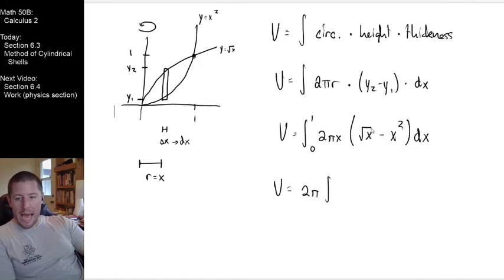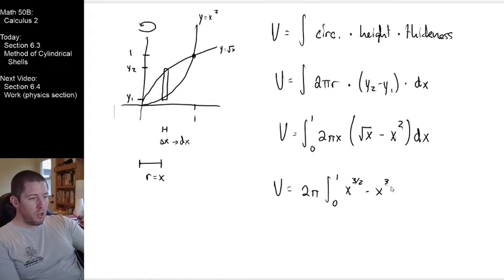I'm thinking of this as x to the 1/2. And so when I multiply by an additional x, this will be x to the 3/2 total right there. So integral from 0 to 1, x to the 3/2 minus x cubed dx, right? I pulled 2 pi out front. I distributed the x, rewriting this as a fractional power instead of a radical. And as far as I'm concerned, we're essentially done here.